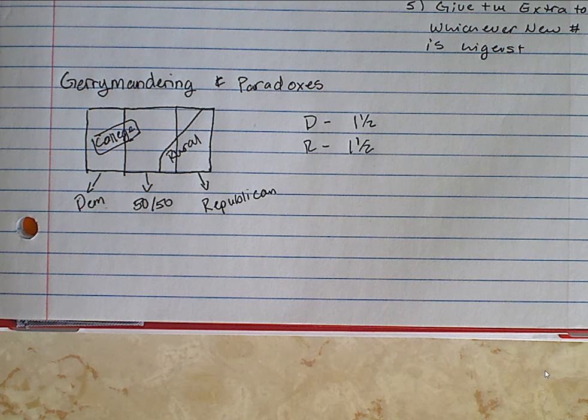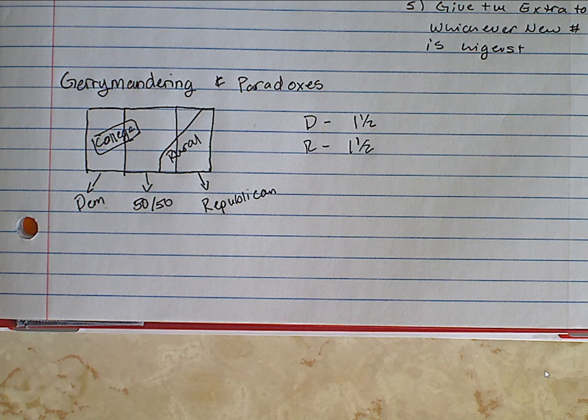It might seem unfair if you're Democrat, and you might want the Democrats to have more spaces. And this is where gerrymandering comes in. Gerrymandering is when a group of politicians get together and they redraw the boundary lines to confine one political party to a space and to give another political party more power.